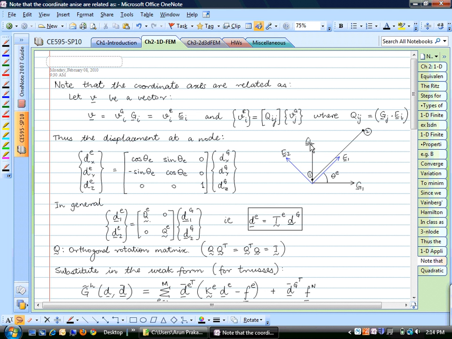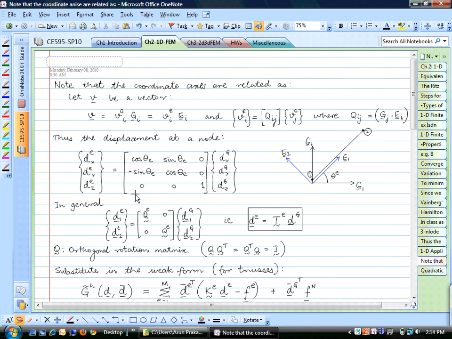We can relate the components of our displacement by using a coordinate transformation, right? This is something we talked about in the second or third lecture in this course also, but it is not a very complicated thing.